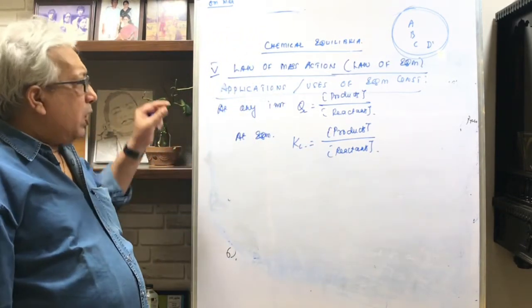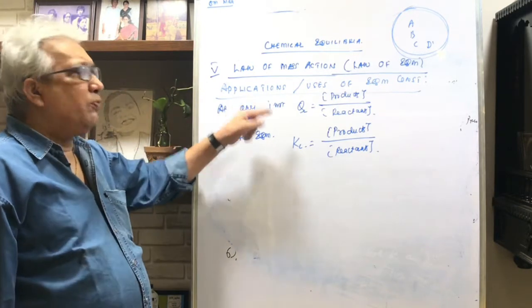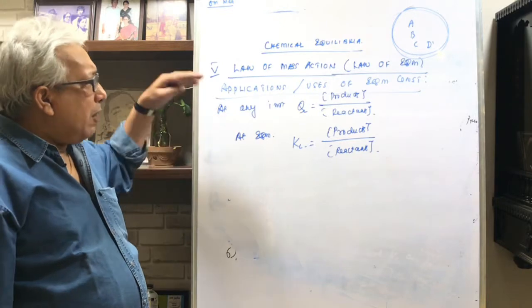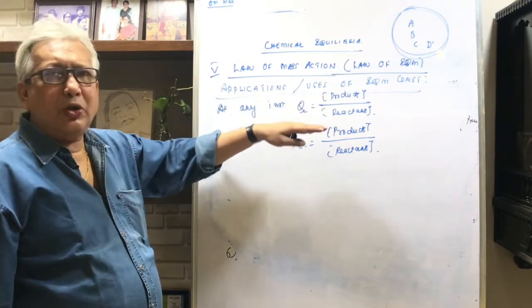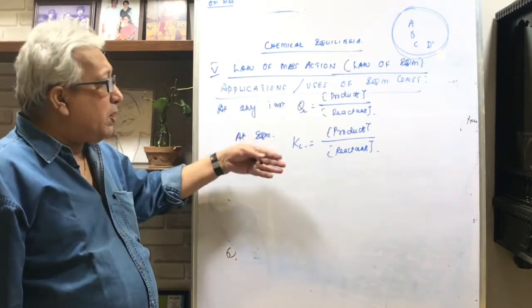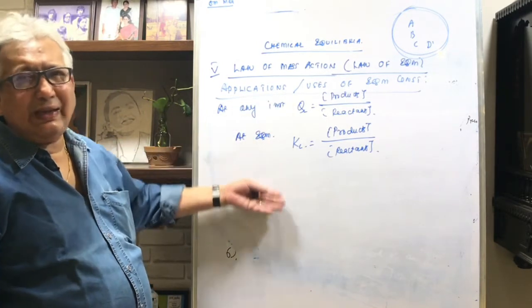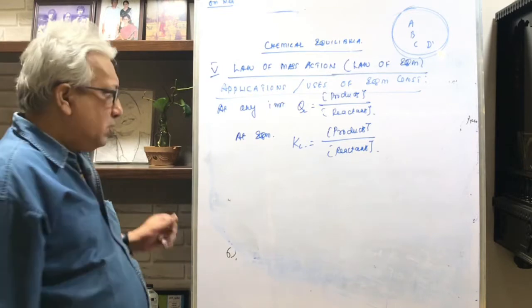Is that okay? I have reminded you of this beforehand because the application or uses of equilibrium constant is mainly based on the relation between QC and Kc. I'll come to that. Is it okay?